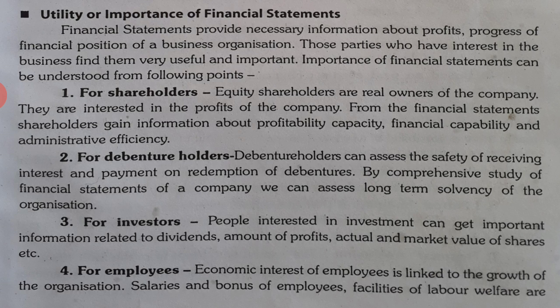Second is for debenture holders. Debenture holders are those persons who are giving loans to the company in parts. I mean to say, the company owes these persons. In previous chapters we already have dealt with these topics.